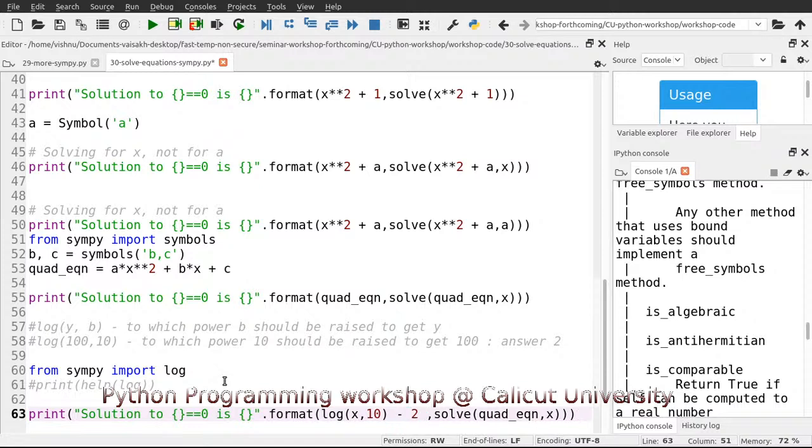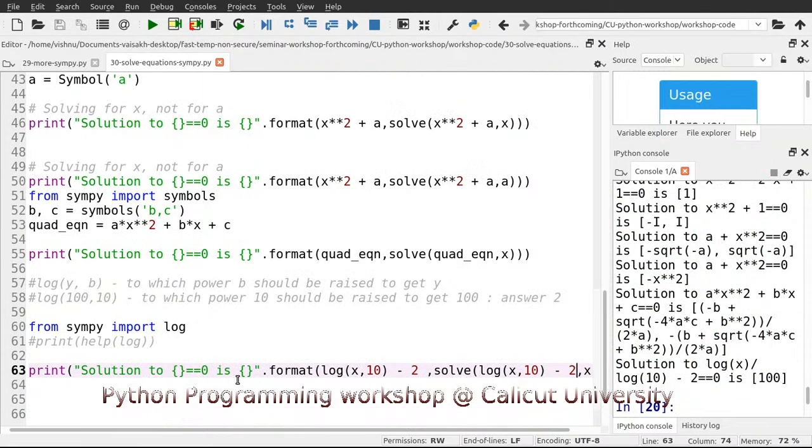Sorry, minus 2. So anti-logarithm of 2 to the base 10.